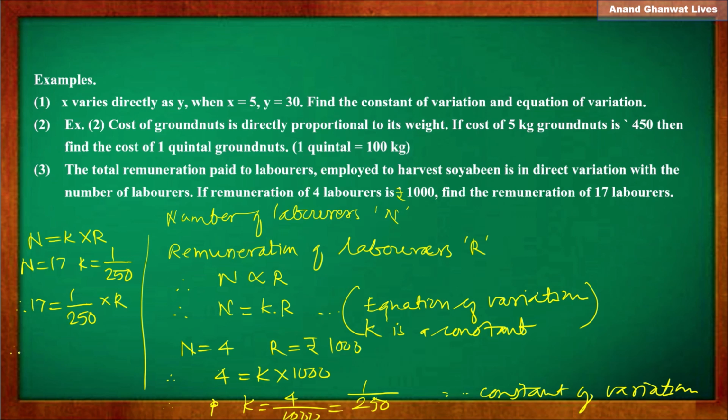Therefore r is equal to 17 into 250. Therefore r is equal to rupees 4,250. Therefore the remuneration of 17 laborers is 4,250 rupees. Do you understand all the explanation? Very good, thank you.